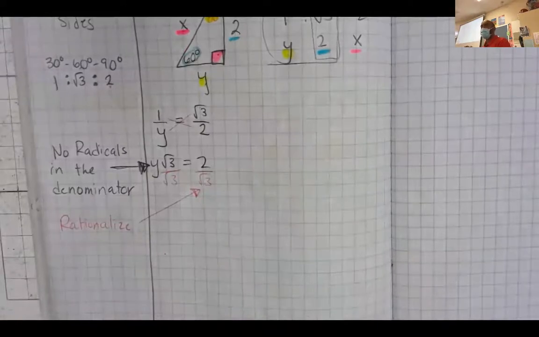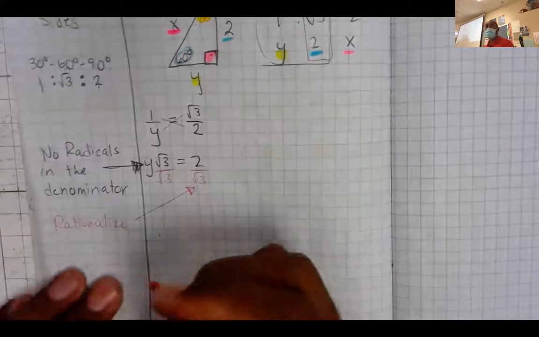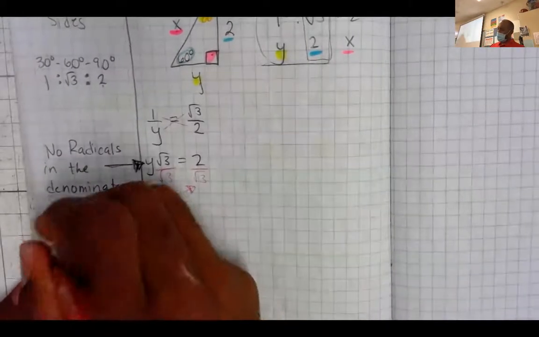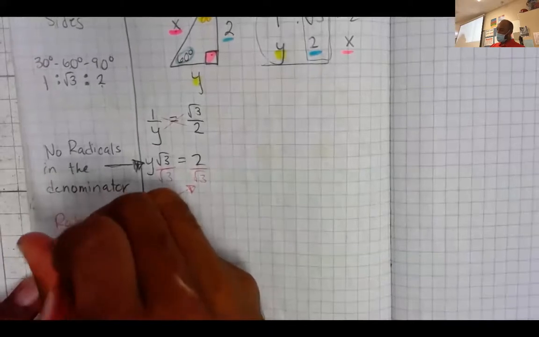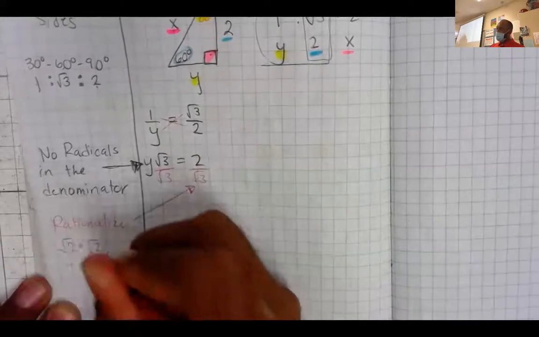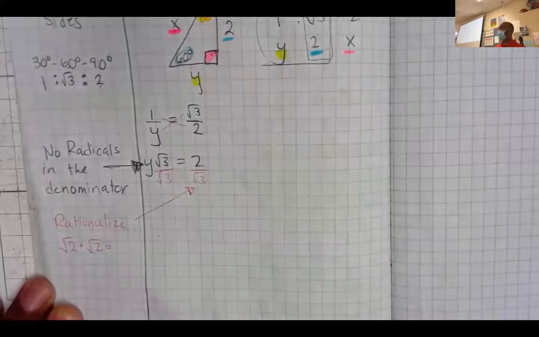Okay, so before we do that and show you how to do it, I'm going to show you what happens with square roots. So if I take the square root of 2 and I multiply it times the square root of 2, you guys know what that's equal to? What's the square root of 2 times square root of 2?